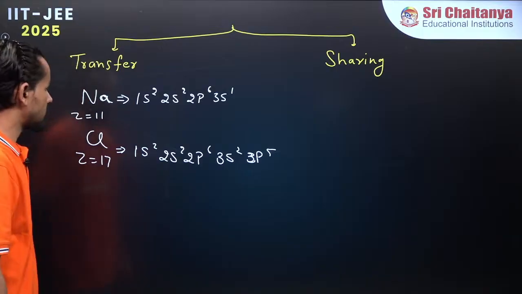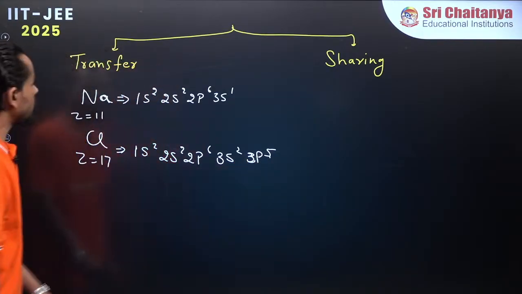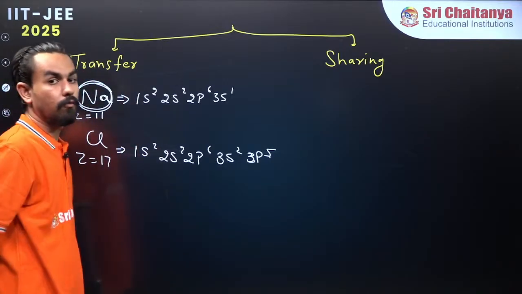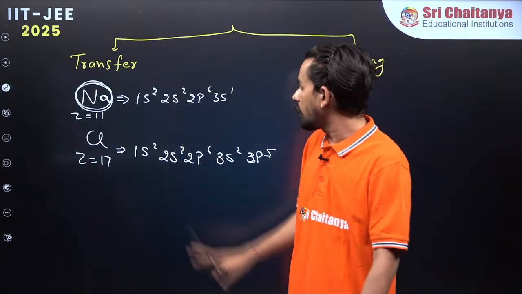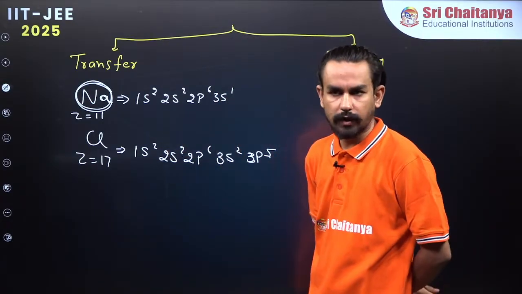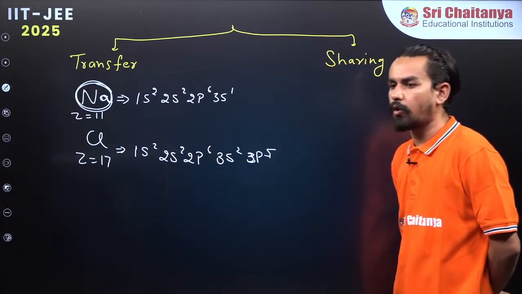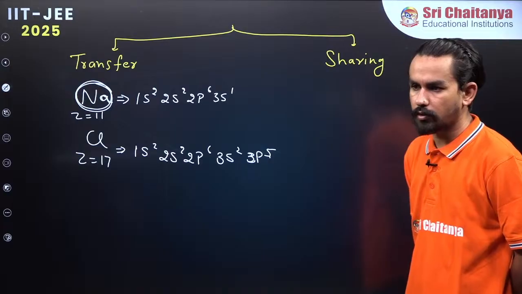And 2, 2, 4, 6, 10, 2, yeah, that is okay. Now tell me, how many electrons are needed to be lost or gained by sodium if it has to achieve its nearest noble gas configuration, that is configuration of neon? Tell me, how many electrons are needed to be lost or gained by sodium to achieve its nearest noble gas configuration?